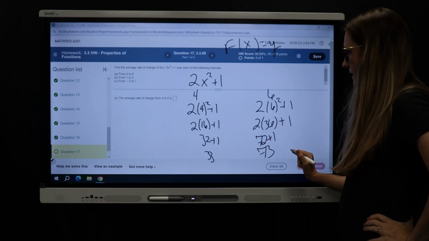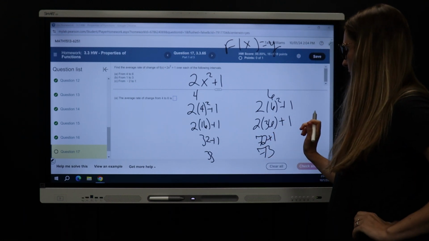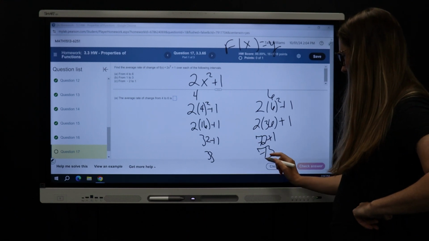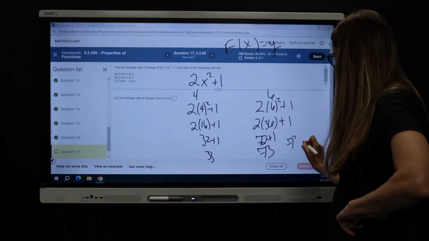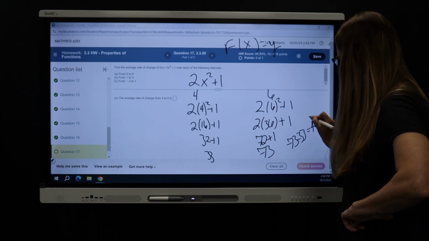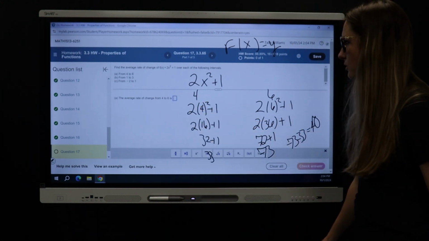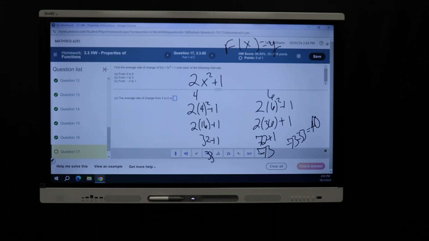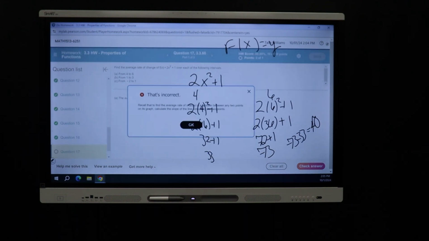And then when we subtract it, when you do 73 subtract 33, so we're plugging in those values and working it out and then determining how much changed.